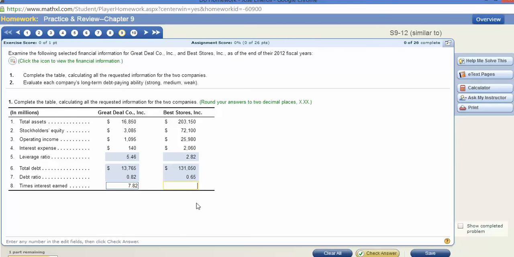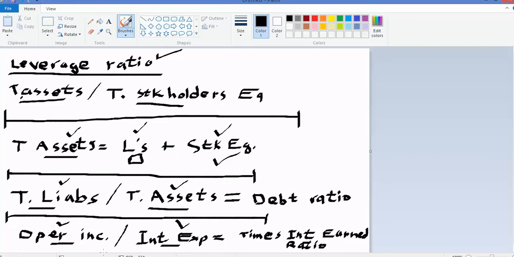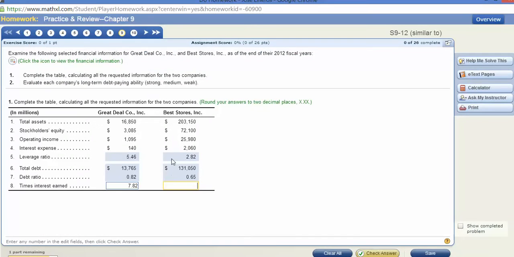Again, on this next one, we'll do the same thing. Operating income over interest expense, 25980, divided by 2060. That gives us 12.611. Oops, excuse me, wrong number.